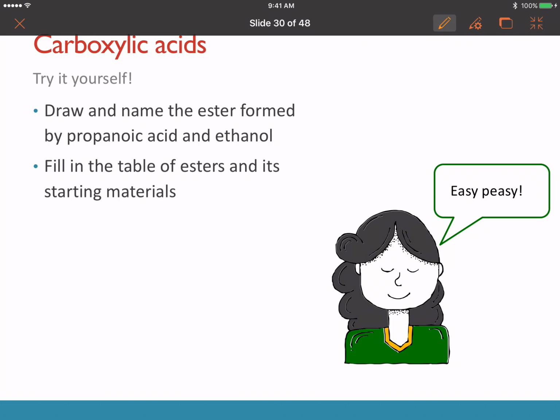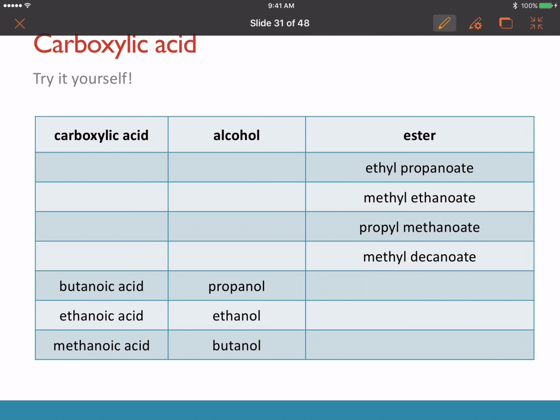Can you draw and name the ester formed by propanoic acid and ethanol, as well as fill in the table of esters and their starting materials? So how do I uncover what the alcohol and carboxylic acid are based on the name? Note that the front part here is from the alcohol, and the next part is from the acid. So I know that my alcohol has 2 carbons based on the ethyl name, so it must be ethanol.